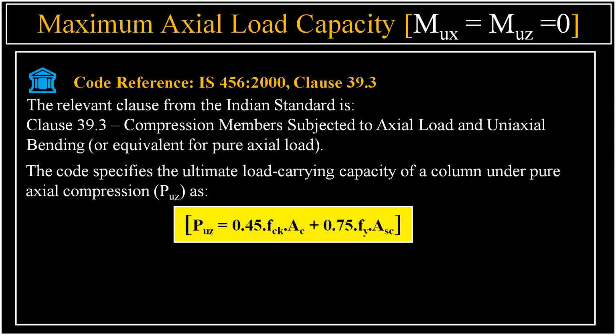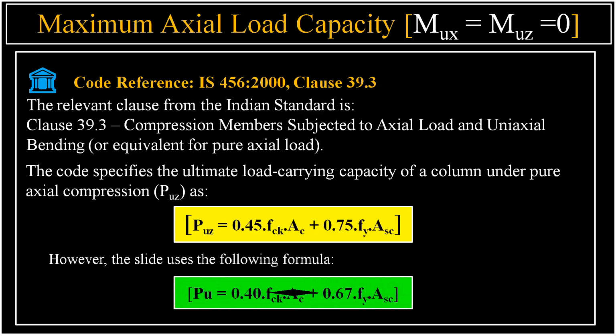The code defines the theoretical ultimate load carrying capacity of a column under perfectly pure axial compression, called PUZ, as the sum of 0.45 FCK times AC, and 0.75 FY times ASC. This is the absolute maximum strength.